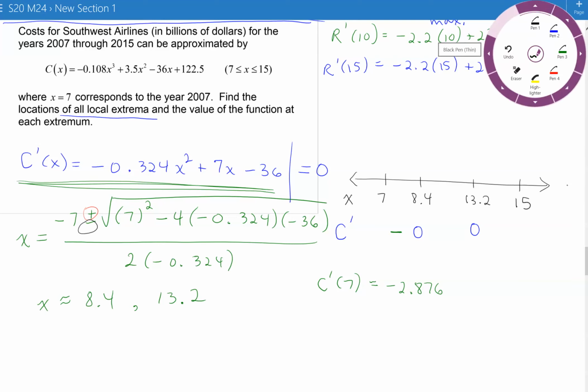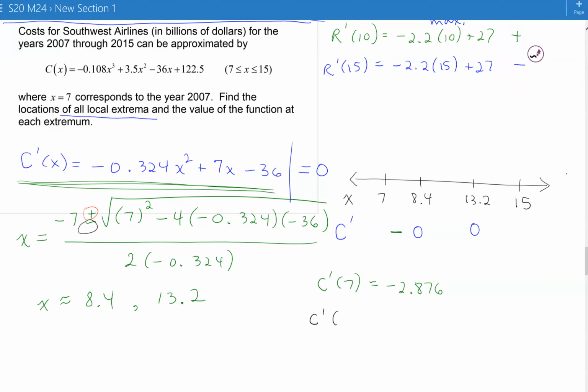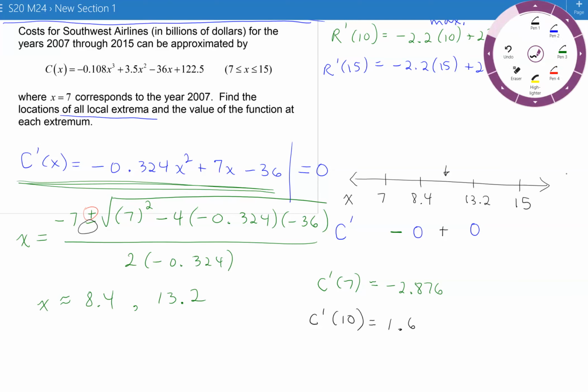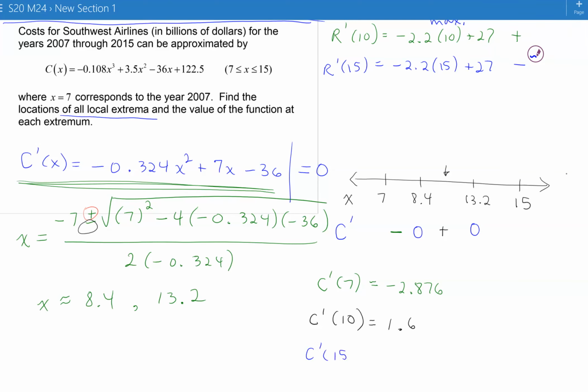And then when I do c prime of, say, 10, and I could do any number that's in between 8.4 and 13.2, so I pick 10 because it's easy. And I get 1.6, so that's positive. And then I'm going to do c prime of 15, and I'm going to get negative 3.9, so that's negative.